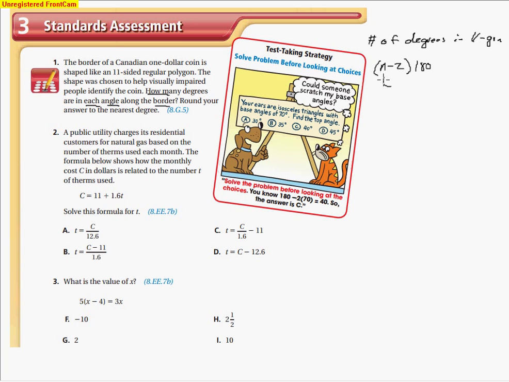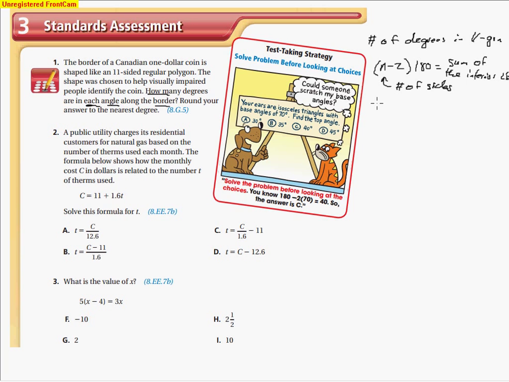N stands for the number of sides. This gives me the sum of the interior angles, and once I have that sum, I can do another operation to find the degrees of each angle.